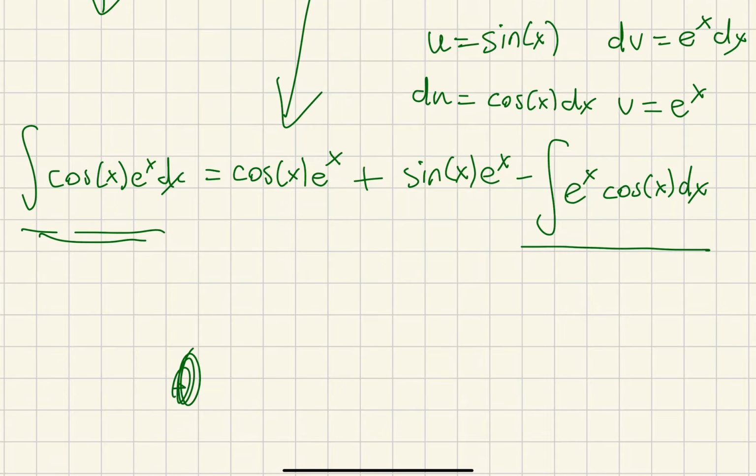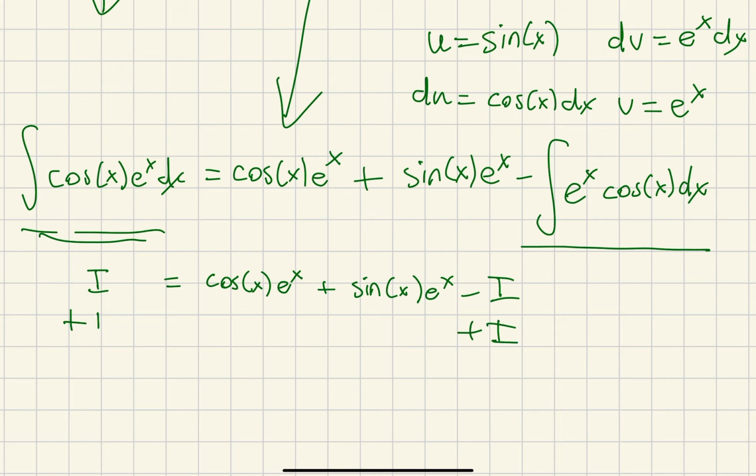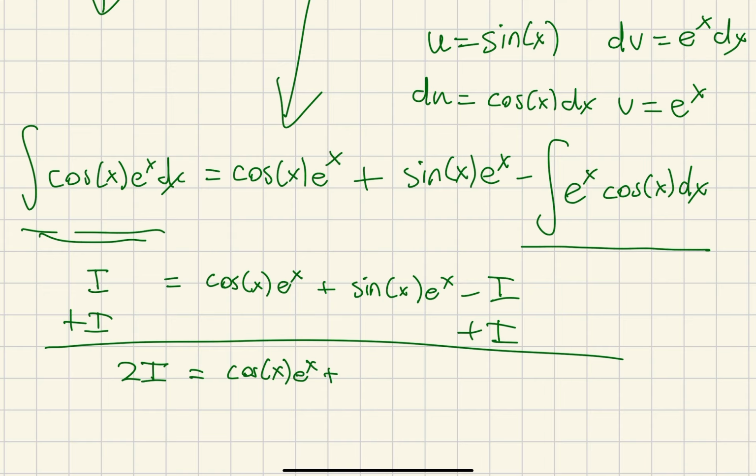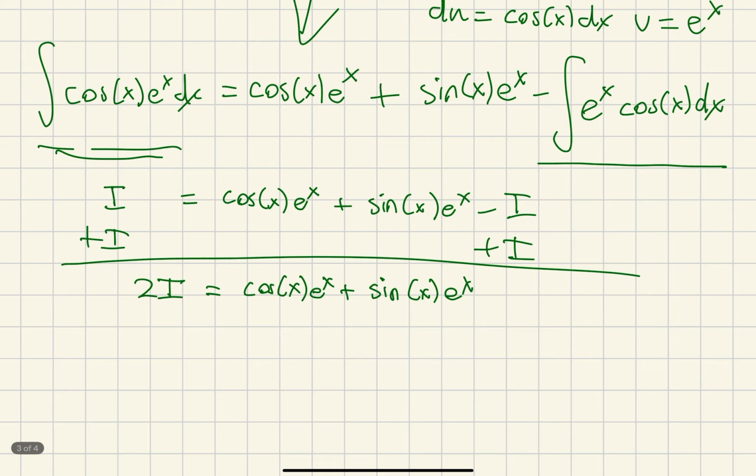Let's just call this I. I equals cosine x e to the x plus sine x e to the x minus I, since that equals the same thing. So let's move this I to the other side. Plus I gives 2I equals cosine x e to the x plus sine x e to the x. Then we can simplify by dividing everything by 2.